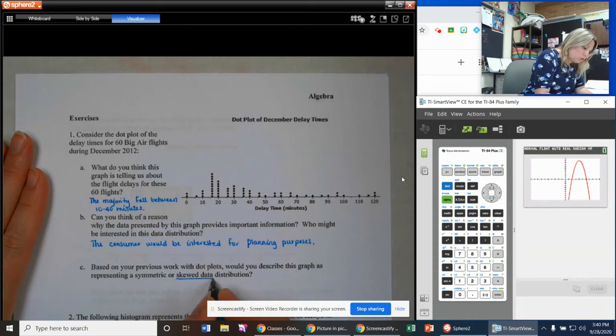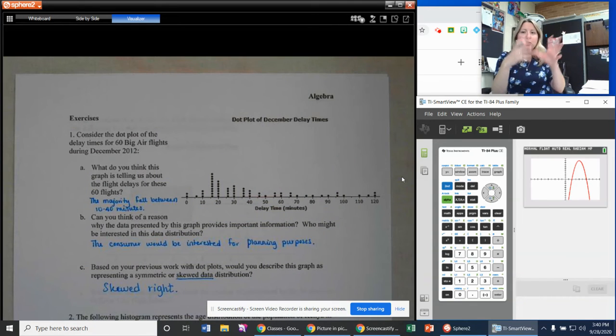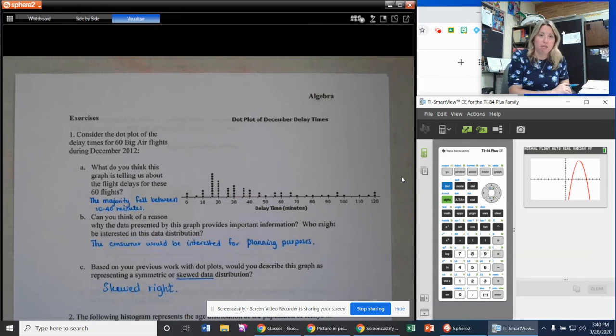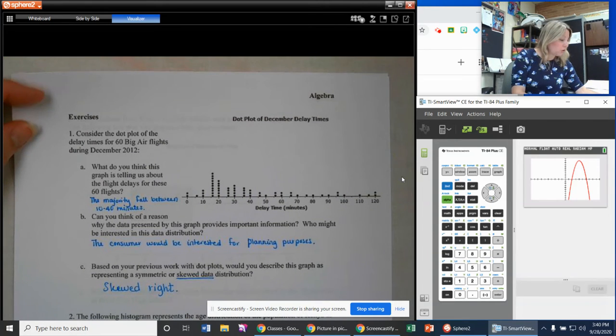So this is skewed right to the right-hand side. That's where the bump in the data goes to. Oh, excuse me, the bump in the data is on the left. The tail of the data is on the right. So we use the direction based on the tail. Okay, we use the direction based on the tail. That's dot plots. Just looking at them and interpreting.